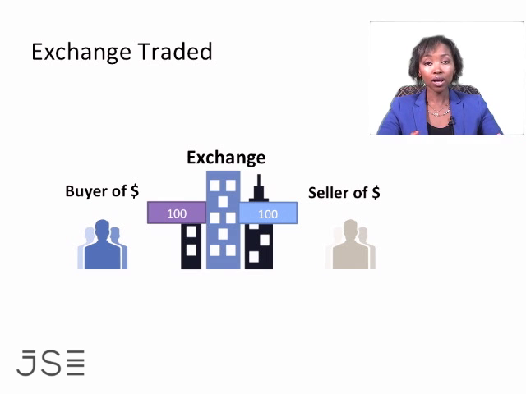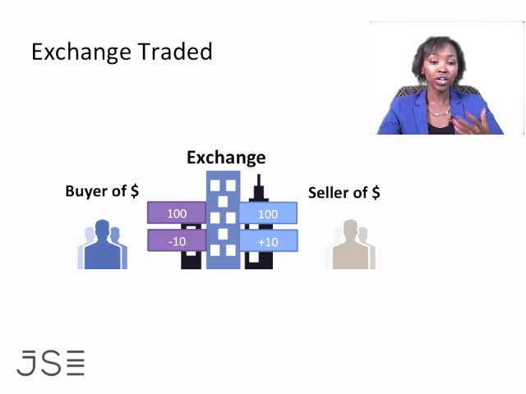So let's say, for example, on day one, a buyer bought $100 worth of contracts, and the seller sold $100 worth of contracts. And then somewhere in the middle of the day or a few days later, the currency moved, and it moved in one's favor and against the other.